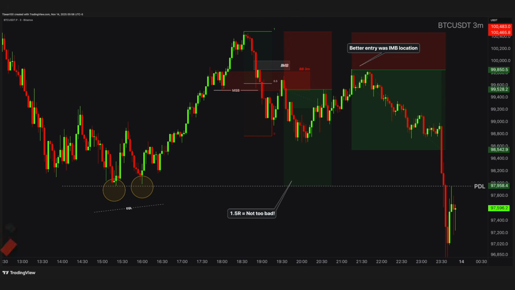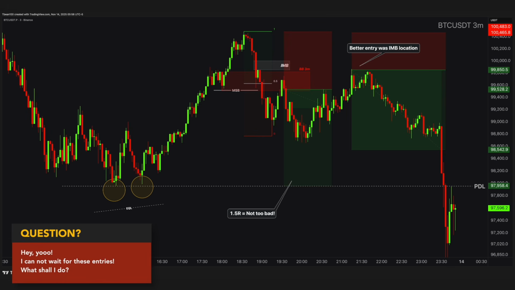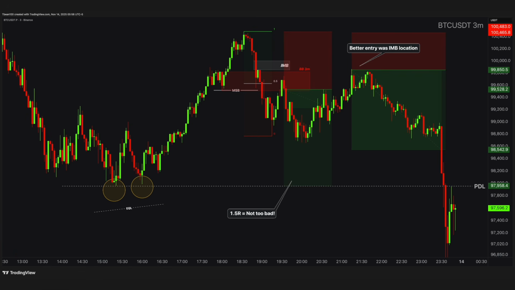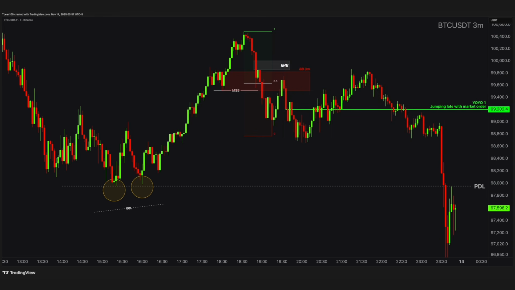However, I know a lot of you struggle with this kind of entries or waiting around in front of the charts for hours. In that case, your best move is building your entries using dollar cost averaging, kind of like a simple masterclass yo-yo system. What you do is pretty straightforward. First, you jump into a trade. Usually it can be a market order, basically anywhere you want. You don't need to be super precise on your first entry.